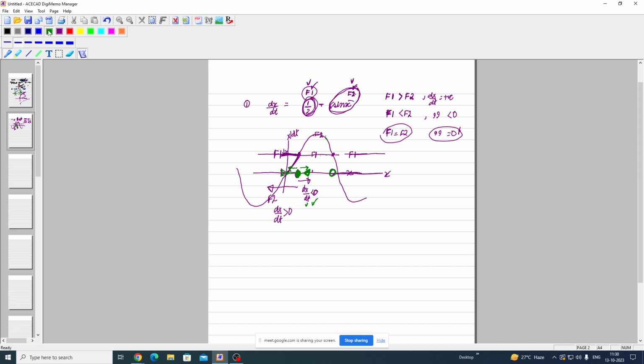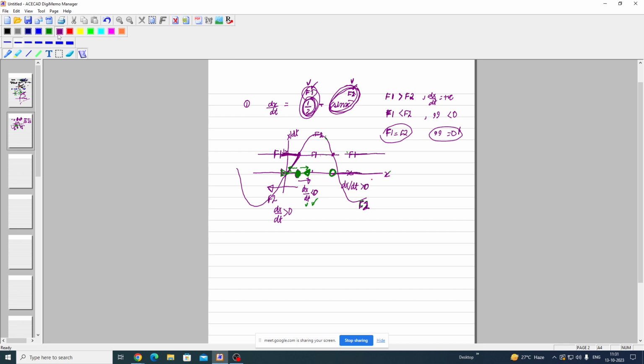To the right side of this fixed point, f1 is above f2. Let me change the color again to not confuse anybody. So f1 is above f2, f1 is bigger than f2, so dx by dt is going to be positive to the right side. By now you know what this means.